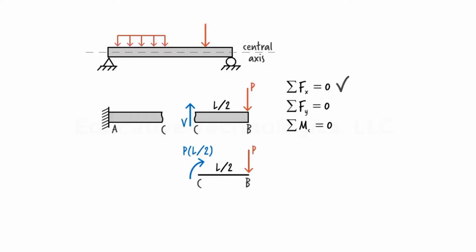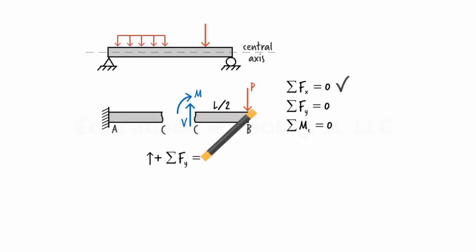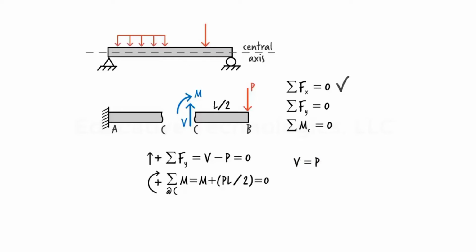Let's denote the bending moment at point C as m. Here are the two equilibrium equations in terms of V and m. Solving for the two internal forces, we get V equals P and m equals negative P times L over 2.